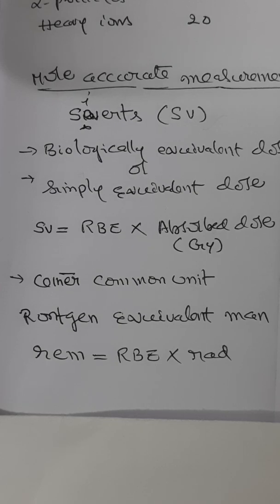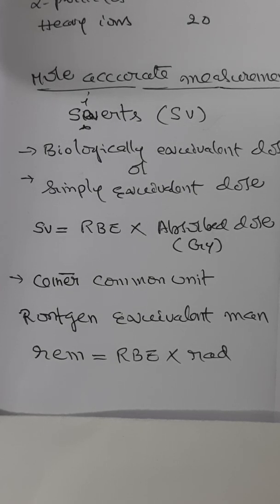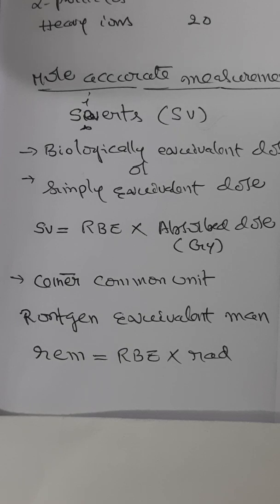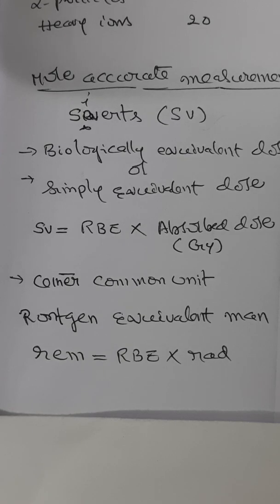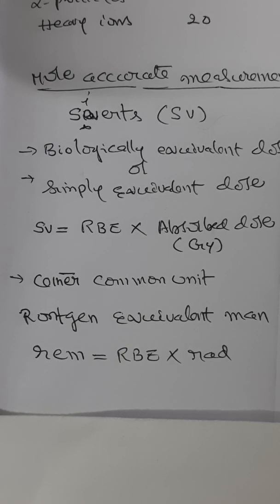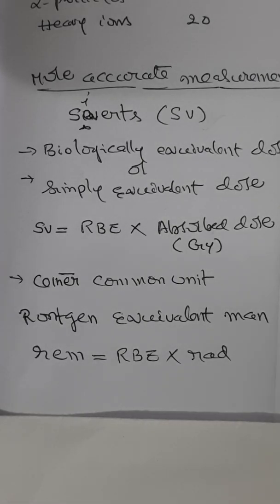REM is defined as RBE times Rad, the absorbed dose. Sieverts is RBE times Gray. So these are various units of radioactivity to measure the damage it can cause to human beings, as well as the number of decays per unit time.